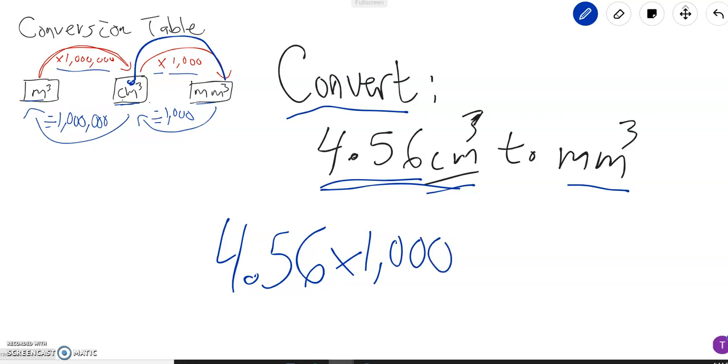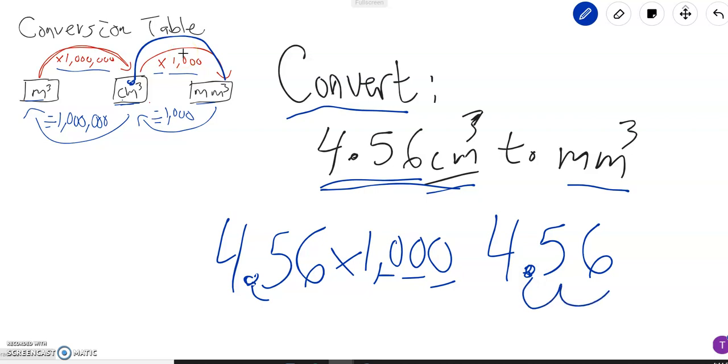Now, like I said before, when we multiply, we take the decimal place and move it to the right by how many zeros there are. There are 3 zeros. So we can take 4.56 and move that decimal place 1, 2, 3 times. And any extra space, you simply add a 0. My touchscreen isn't working.